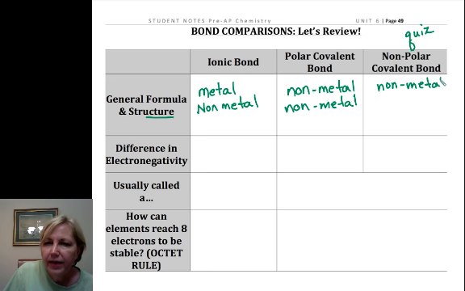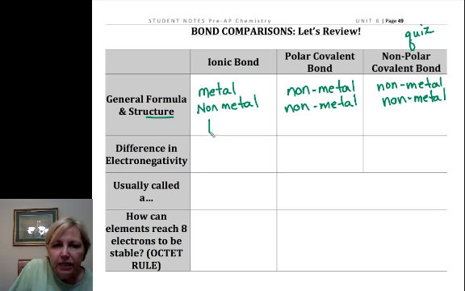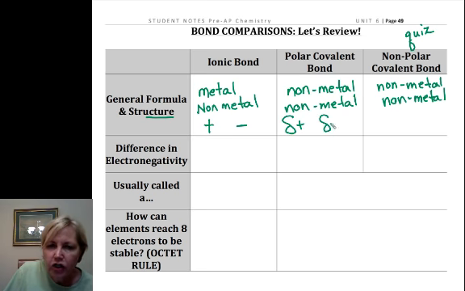But let me show you a way we can depict a comparison of these. Ionic is a full positive attracted to a full negative. When we're talking about polar covalent, it's a partial positive and a partial negative. And when we're talking about nonpolar covalent bonds, there's no polarity.